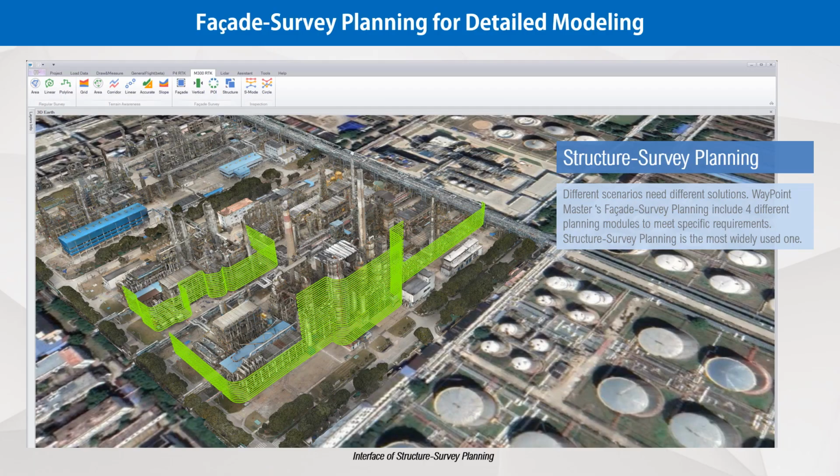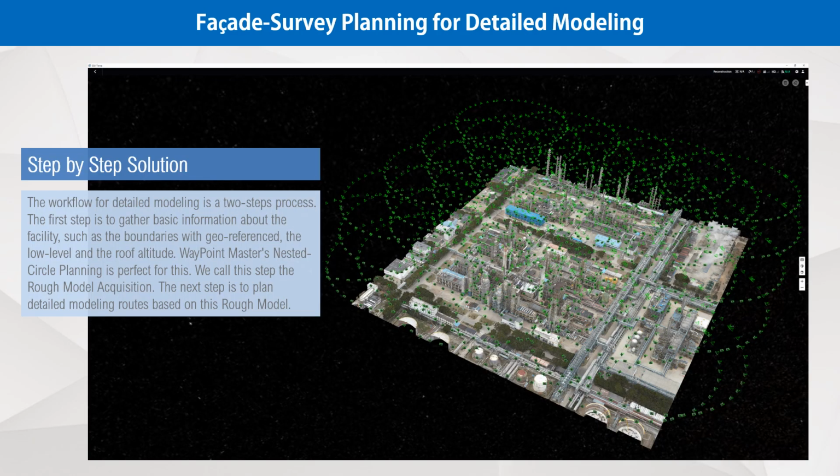Facade survey planning includes 4 different planning modules to meet specific requirements. Structure survey planning is the most widely used one. Let's talk about it. Detailed modeling is a 2-step process.